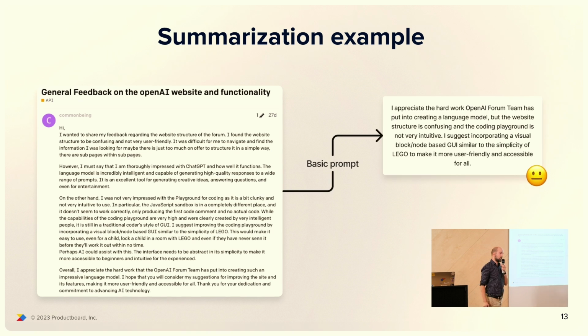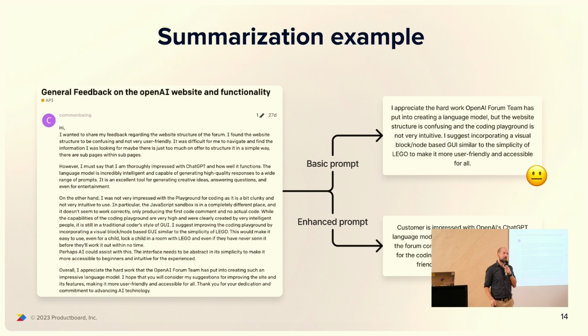And when we just easily ask GPT to generate a summary, we just say, GPT, summarize this. This is the summary that we get. It's not optimal because it's in first person and so on. But when we simply work with the prompt, we ask in a better way, we receive a much better summary, it's more concise, it's in a third person, and so on.